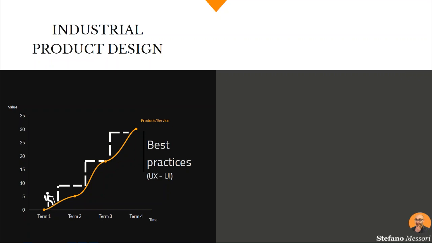What we are trying to do is apply best practices, in this case UX, user experience, and user interface, in order to create a better product. This is exactly what I call incremental innovation. What does it mean?